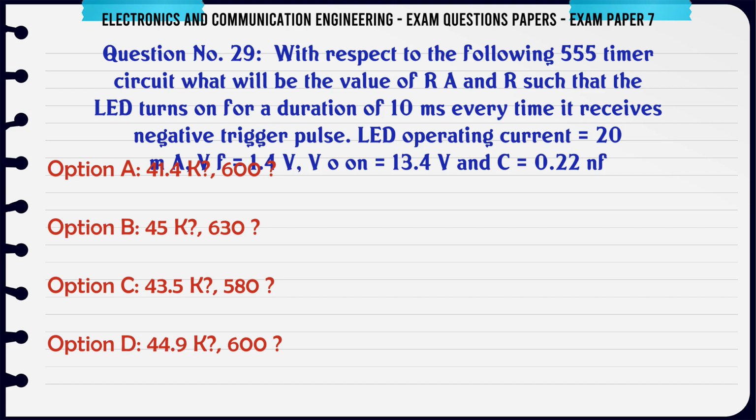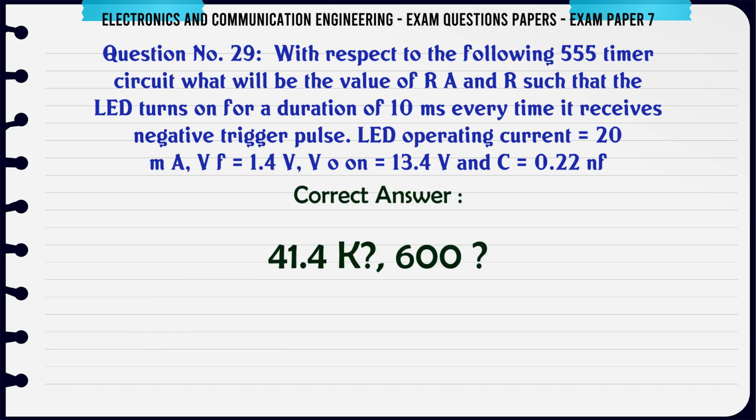A, 41.4 K, 600; B, 45 K, 630; C, 43.5 K, 580; D, 44.9 K, 600. The correct answer is 41.4 K, 600.